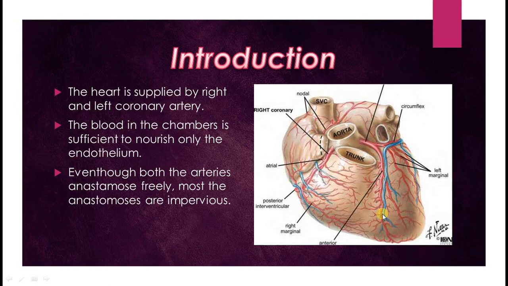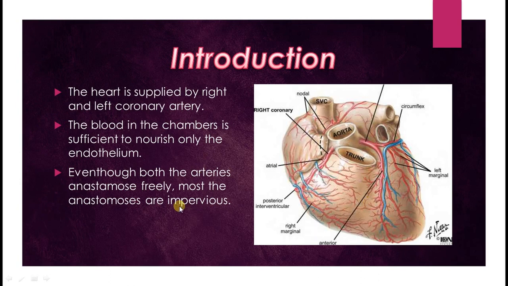That means there is actually no passage of blood taking place at the capillary level. Only at the precapillary level are the anastomoses present, and most of these are impervious. So, even though structurally rich anastomosis is present, blood is not actually traversing through it. That is why man suffers ischemic heart diseases.